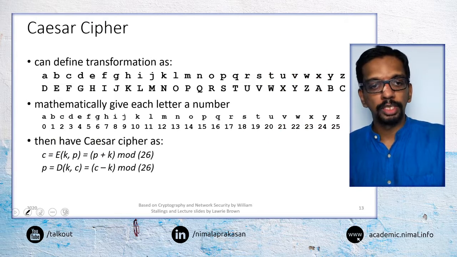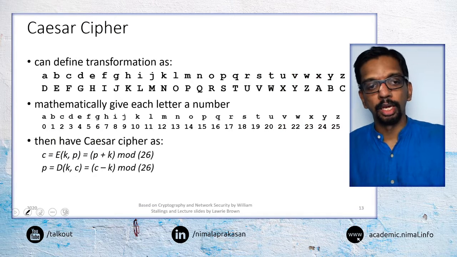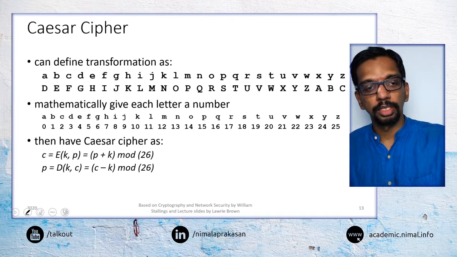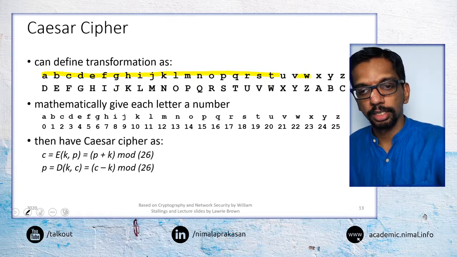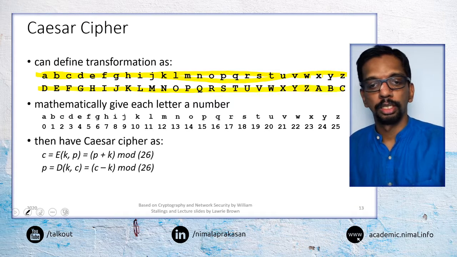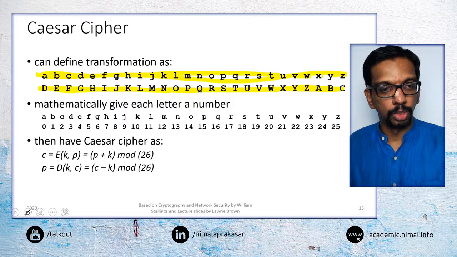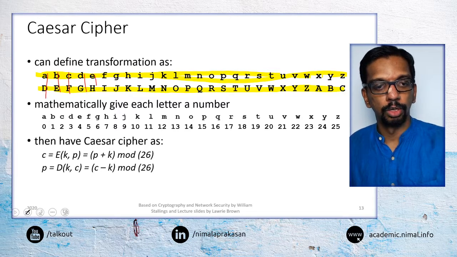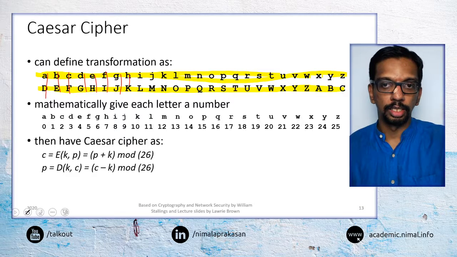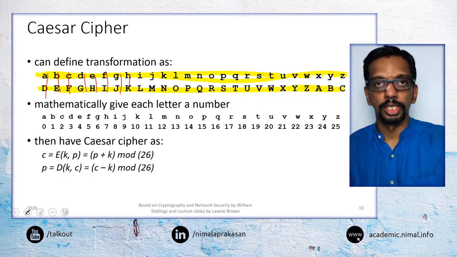If this is the plain text, the corresponding ciphertext would be this. Once we do the conversion, we just go across this and select the corresponding letter to generate the ciphertext, the Caesar cipher.